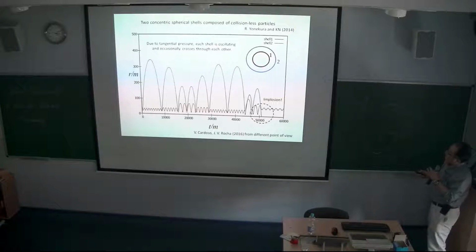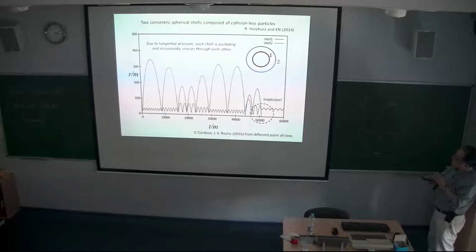As a suggestion, consider tangential pressure: each shell is an oscillating spherical shell, made of closed counter-rotating particles. In this figure, the vertical axis is the radius of the shell, and the horizontal axis is time, with shell 1 and shell 2. The blue one is a shell with tangential pressure due to centrifugal force, and the red one oscillates like this.